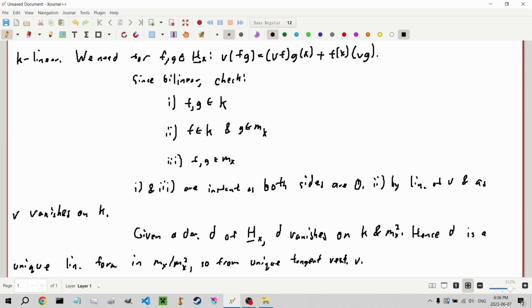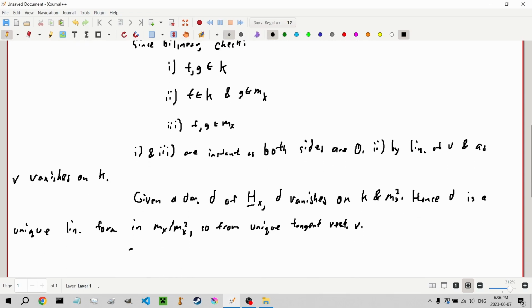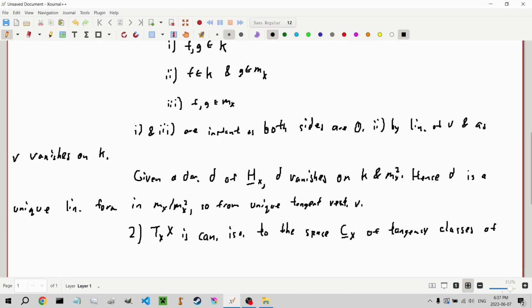Now, we have a second alternate definition, which I believe is the one that I learned. That T_x of X is canonically isomorphic to the space C of x of tangency classes of curves at x.